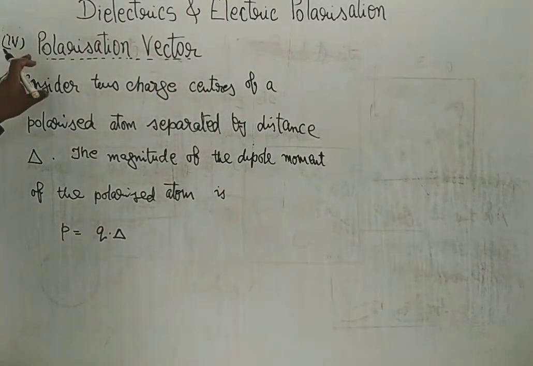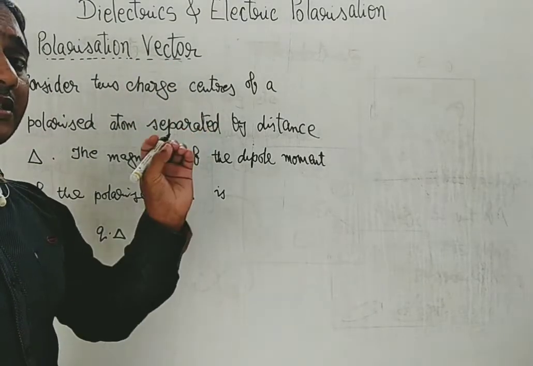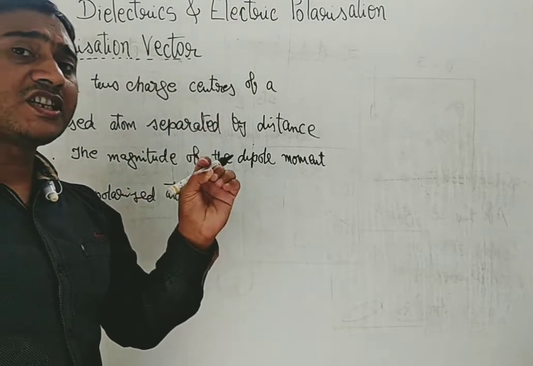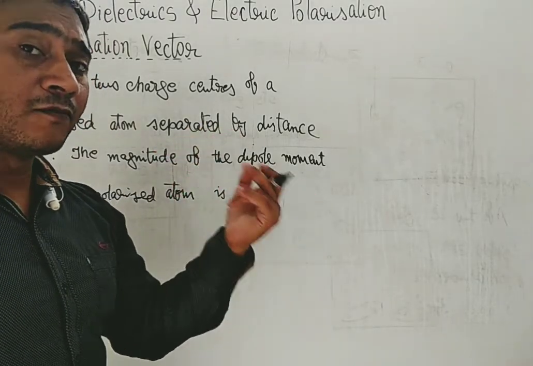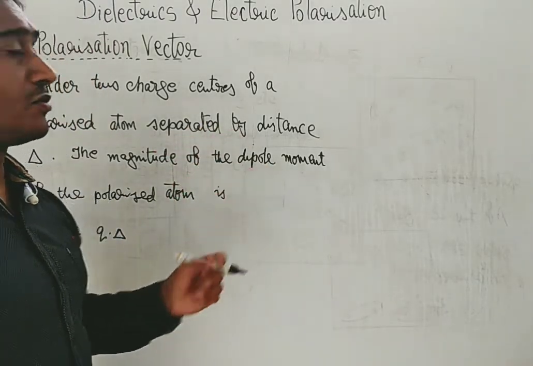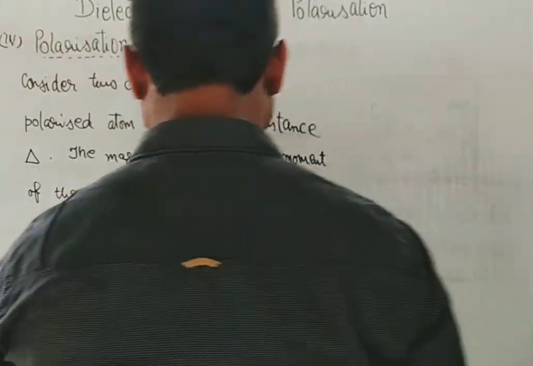So here actually polarization vector can also be defined as the dipole moment induced per unit volume of that specimen.